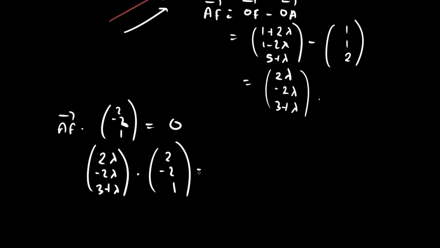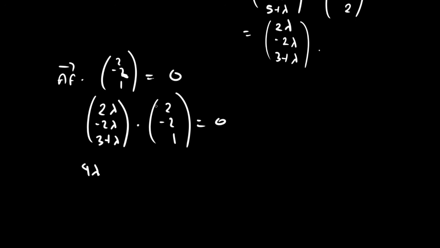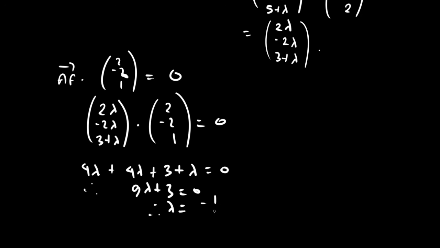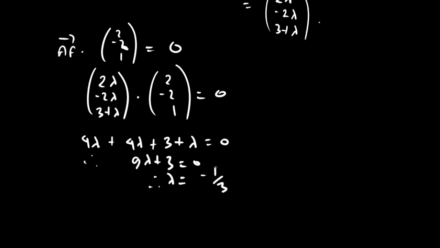And as we can see, an equation forms with the parameter lambda, which we can now solve. Let's solve it. And we find lambda is equals to minus 1 by 3.